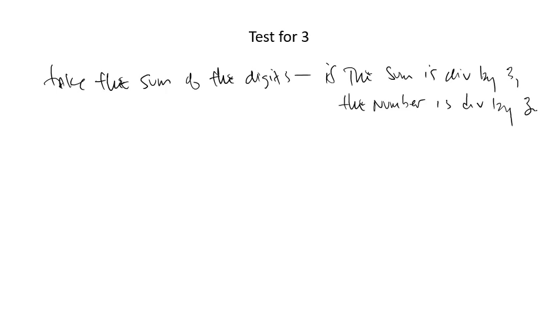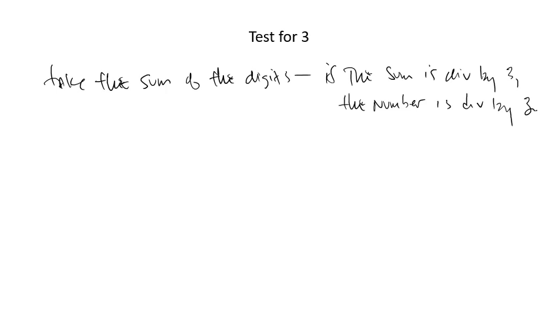So the test for 3, we're going to take the sum of the digits that we have, and if that sum of the digits is divisible by 3, then the original number is divisible by 3. If the sum of the digits is not divisible by 3, well, then it's not.